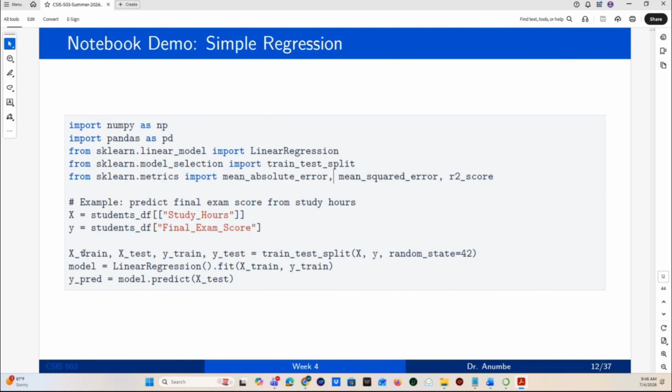And then here you get your X train: you split your data into training data, which is your study hours, into two, X train and X test. This might be 80% of the data, 20% of the data. Then this is your Y train, which is your Y data that you're going to split into two, and then your test data.